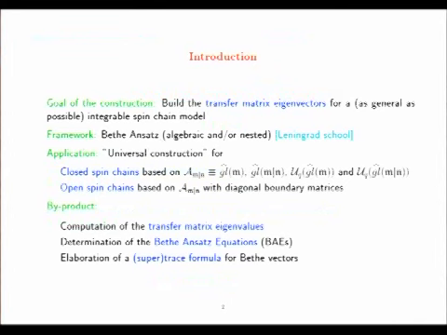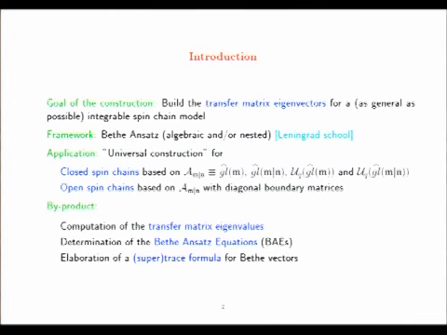So the goal of the calculation is to build eigenvectors for a transfer matrix, which I will define later.